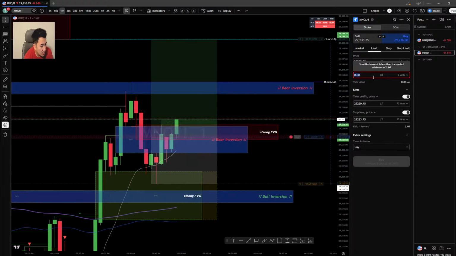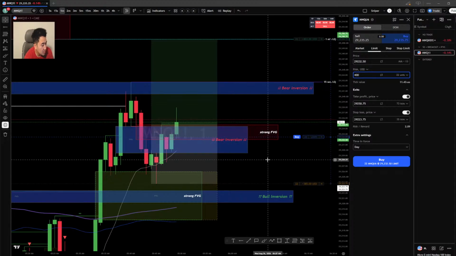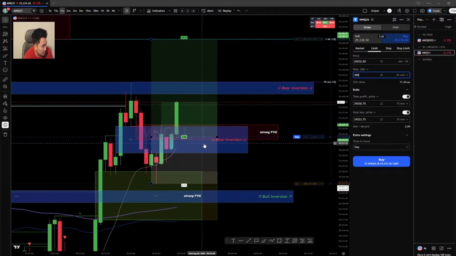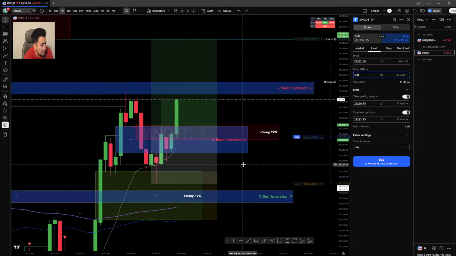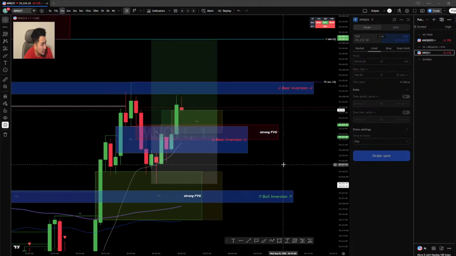And I'll do a limit order once it closes over these, once it breaks these two areas that I was talking about. Technically you're in the trade if you're more aggressive. It might close over, so if it does, we'll get in with a limit order. Yeah, let's do a limit order here.